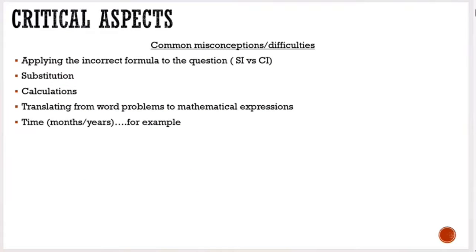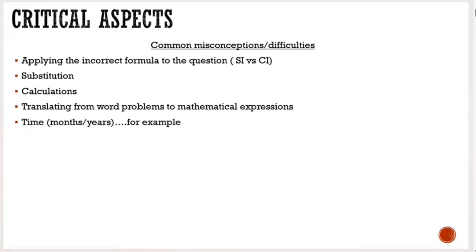Other critical aspects are your own misconceptions. They become part of your learning. We are learning from what we know, our current knowledge. Sometimes our current knowledge is not because we don't know, it's because we are carrying some previous knowledge which had misconceptions and difficulties. So those are the things that I would like you to be aware of when we are doing any topic.